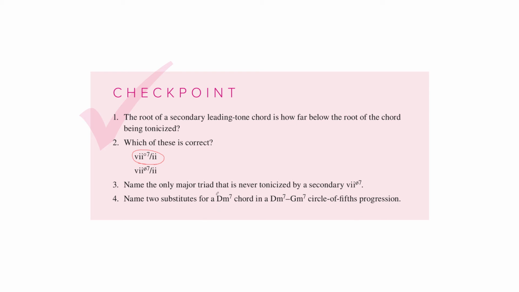We know we can substitute a chord in a circle of 5th progression by using the secondary dominant or secondary leading tone chord of the next chord, and in that case it would be D7 or F sharp diminished 7.